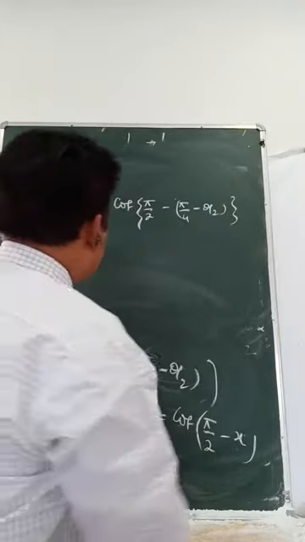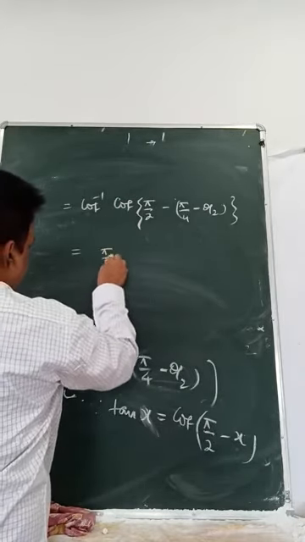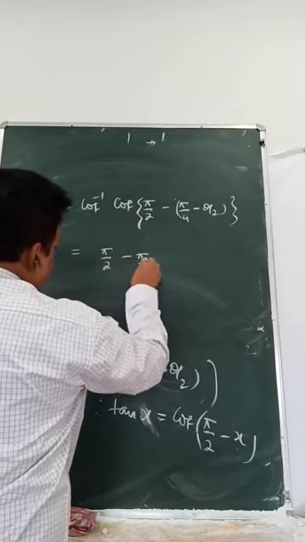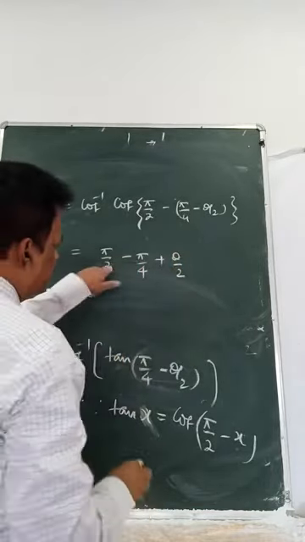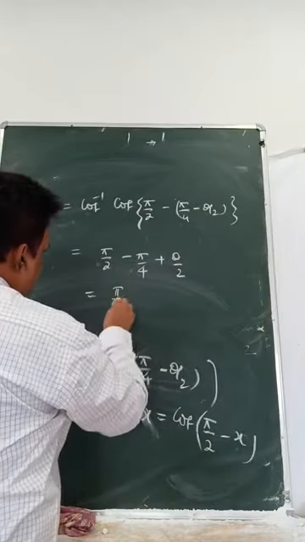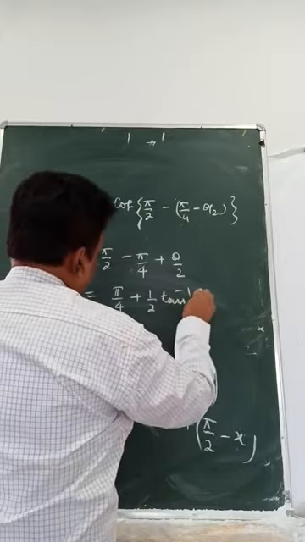Now open the bracket for the cancel of cot inverse. So pi by 2 minus pi by 4 plus theta by 2. So 90 minus 45 is 45. So pi by 4 plus half tan inverse x.